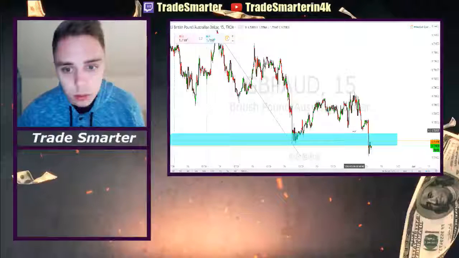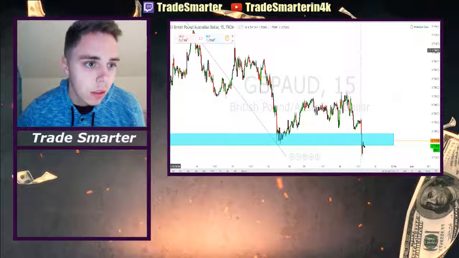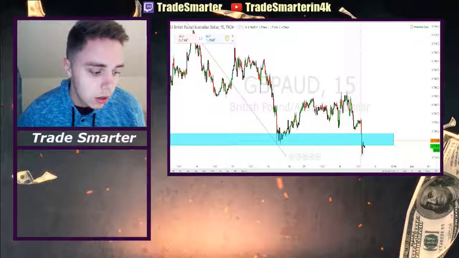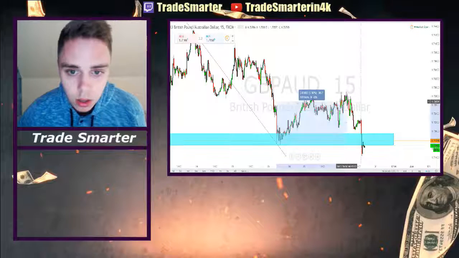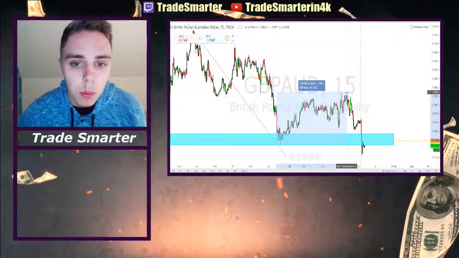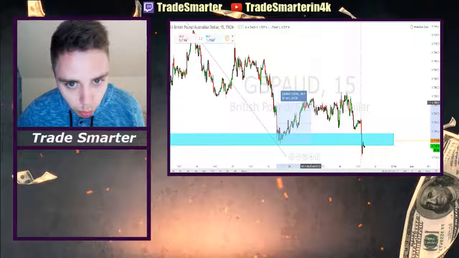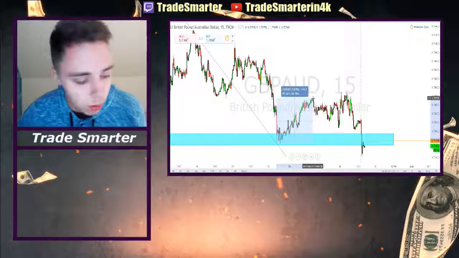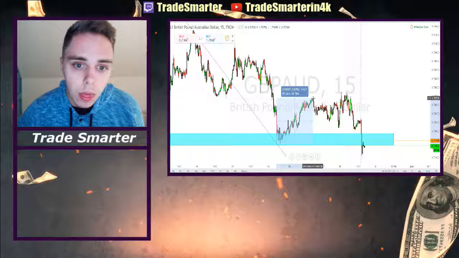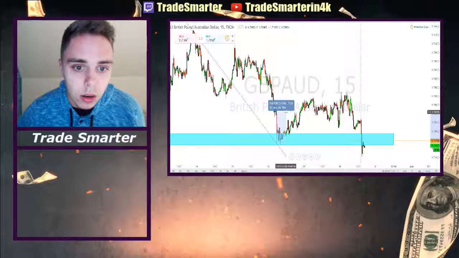GBP AUD I was looking at earlier, and this price point we got in, we made a little bit of money. Let's see how much the maximum we could have made is. If we got in here at the highest point, it was up 118 pips, and realistically, we should have taken out here at 100 pips profit, and that is about a 24-hour hold there over the weekend.